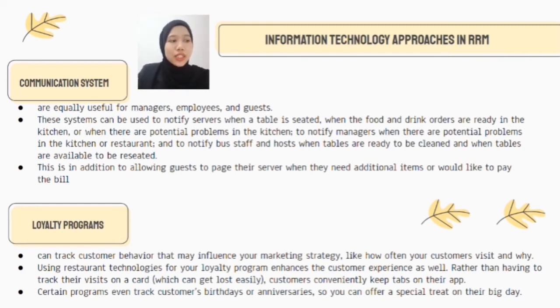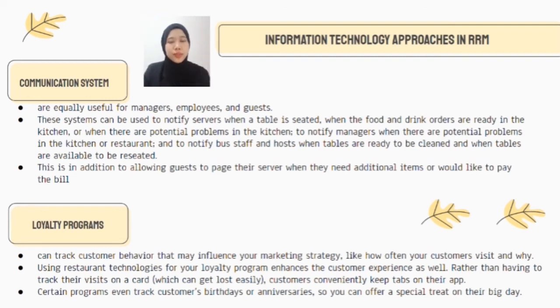This in addition to allowing guests to page their server when they need additional item or would like to pay the bill. We can see the system at the certain restaurant, like the Steamboat restaurant or Sushi King restaurant. They use this kind of buzzer for the communication system when they want to order something.